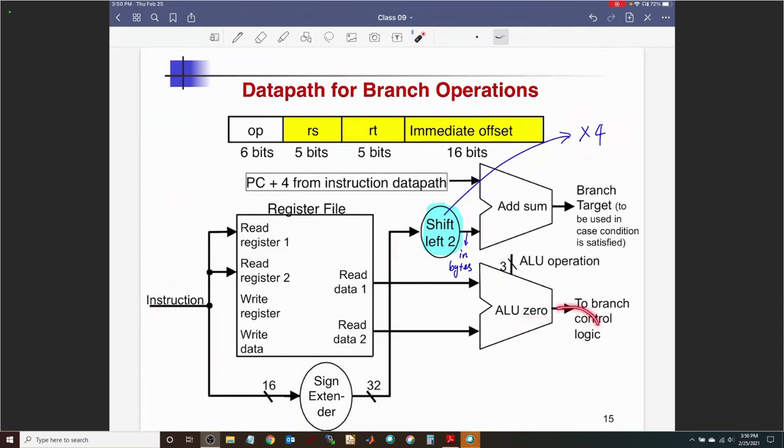That controls which one you are going to use as the branch target, either PC plus 4 or PC plus 4 plus all of that. ALU 0 is essentially the zero output of the ALU. So this is the ALU and that is the zero output. Think of it separately. This is talking about that.